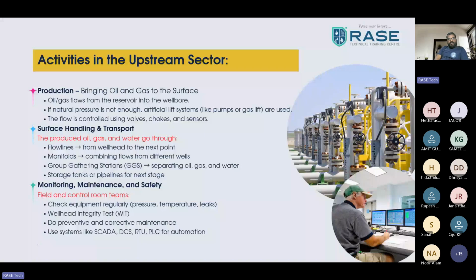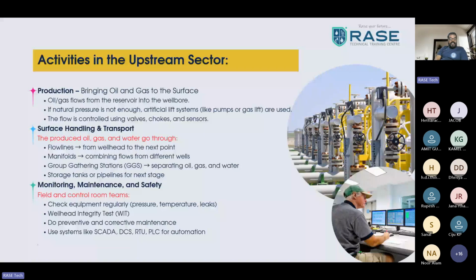For all this activity, we need a control and monitoring system: monitoring, maintenance, and safety control systems. The field and control rooms are called central control rooms, the CCR. They check equipment regularly, with responsibility for checking pressure, temperature, and leaks.